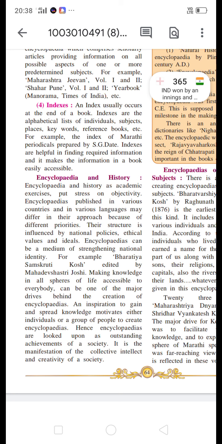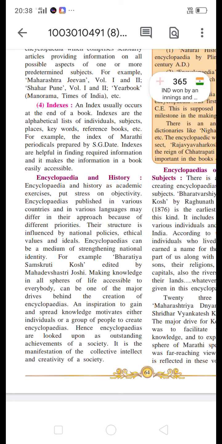It is the earliest encyclopedia of this kind, and this tells us the rich tradition of history.